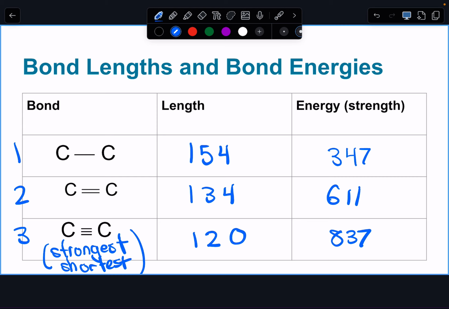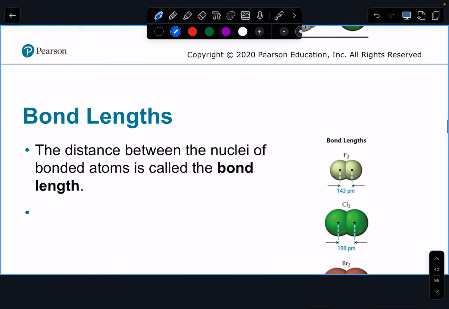When we looked at that PO bond in phosphate, it was somewhere in between a single and a double bond, both in strength and in length. Let me go back up to that real quick.